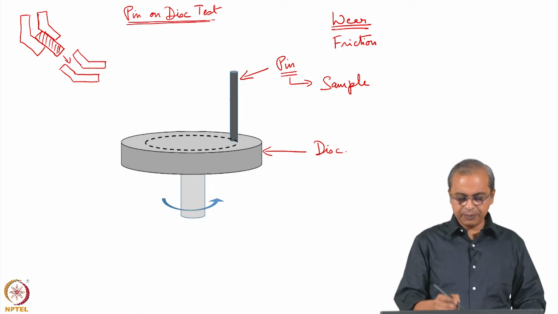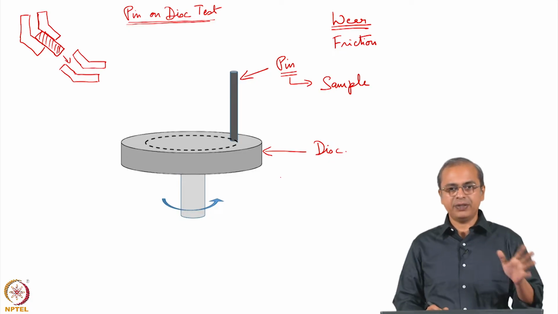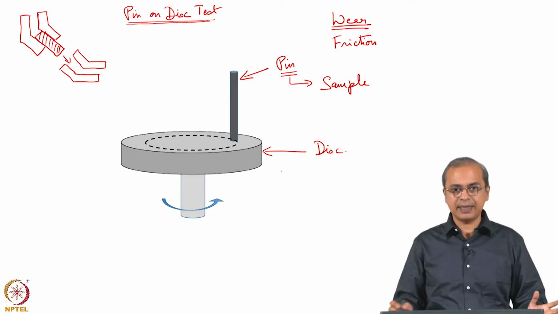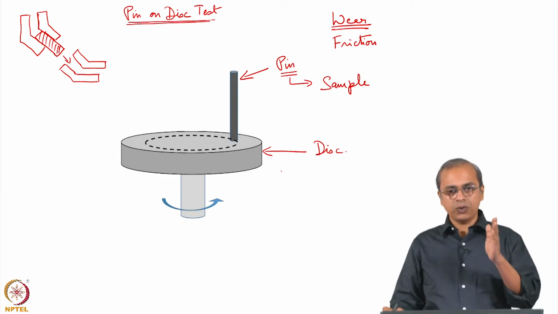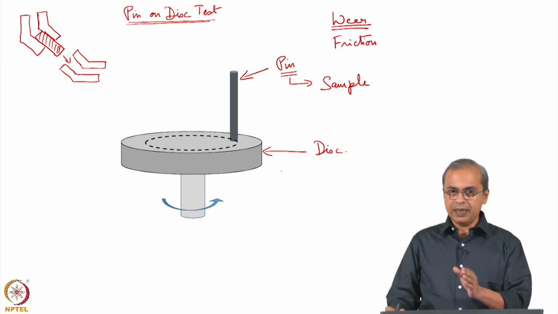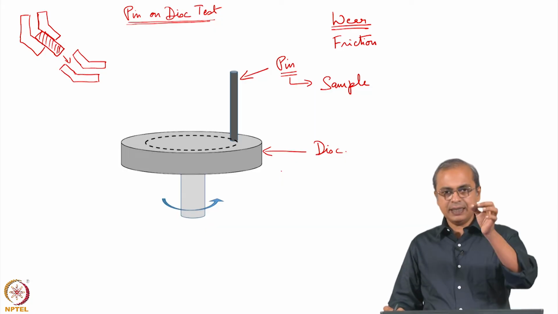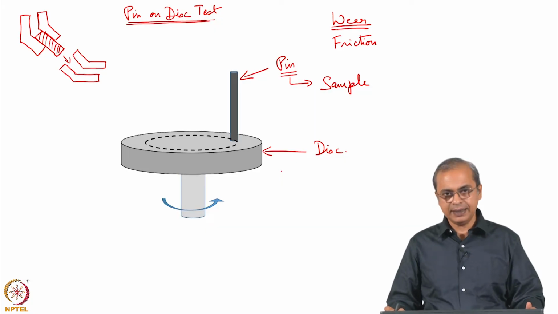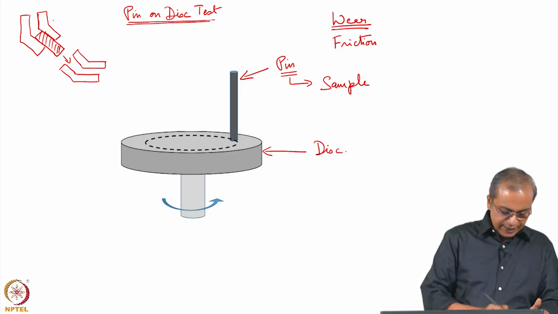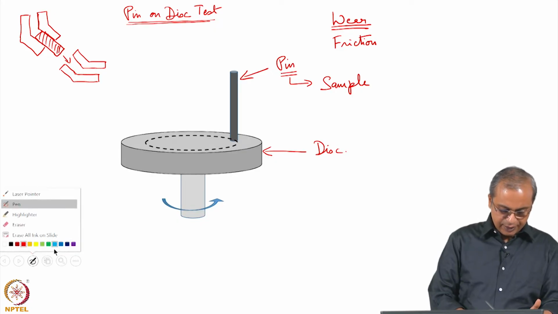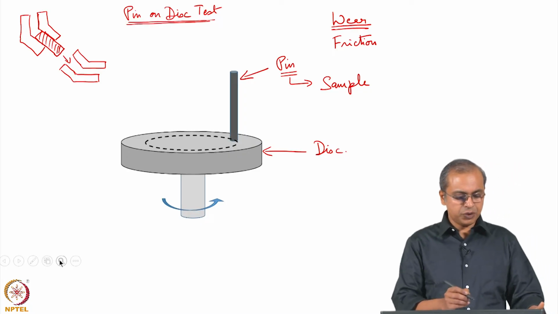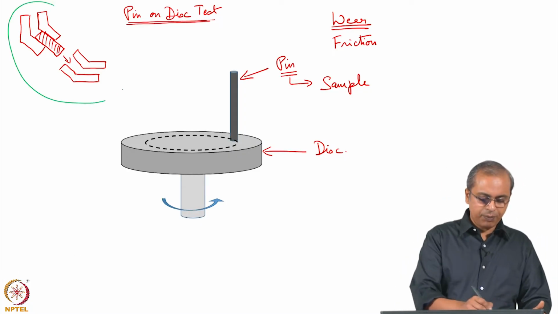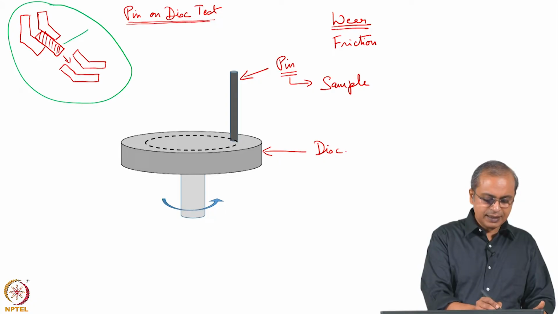So, this pin is basically a cylinder of some fixed dimension, which will be available based on the standardization of the test. There will be one fixed dimension for that pin, so you make your sample in that form. As you can see, the pin is basically one thin cylinder, and if you did an equal channel angular extrusion kind of process, then you are getting that cylinder.